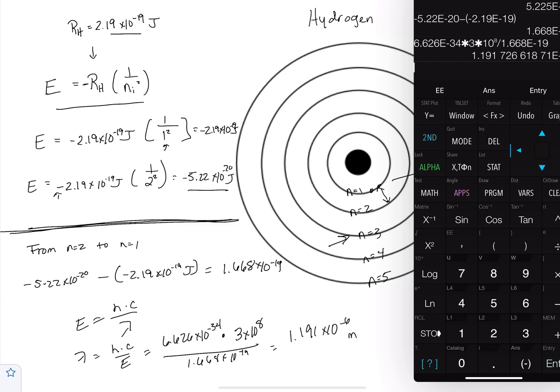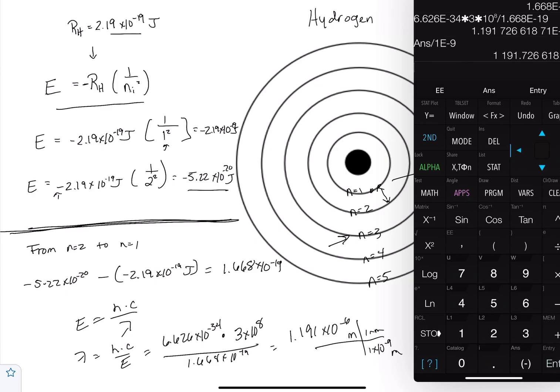This comes out in meters, and I actually want it in nanometers. So 1 times 10 to the minus 9th meters in 1 nanometer. That equals a wavelength of 1191 nanometers. Then we have to look it up and see if hydrogen gives us that.